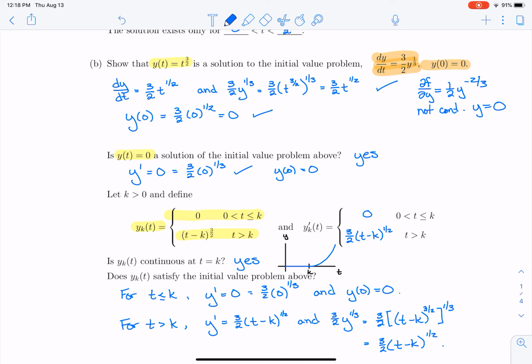And in fact, for this example, it was when y equals 0 that we saw that solutions intersected. Okay, so this particular differential equation did not satisfy the uniqueness part of the existence and uniqueness theorem. The derivative was not continuous in the rectangle. So because the derivative was not continuous at y equals 0, we saw uniqueness problems when y equaled 0.